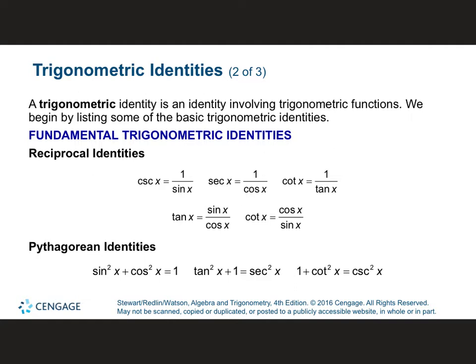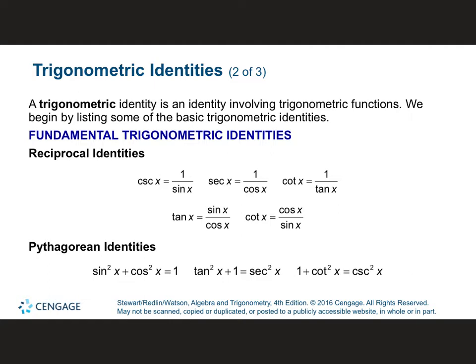The second trigonometric identity that we're going to be working with is the Pythagorean identities. This just tells us that sine squared x plus cosine squared x is equal to 1. We also could use tangent squared x plus 1 is equal to secant squared x, and 1 plus cotangent squared x is equal to cosecant squared x.